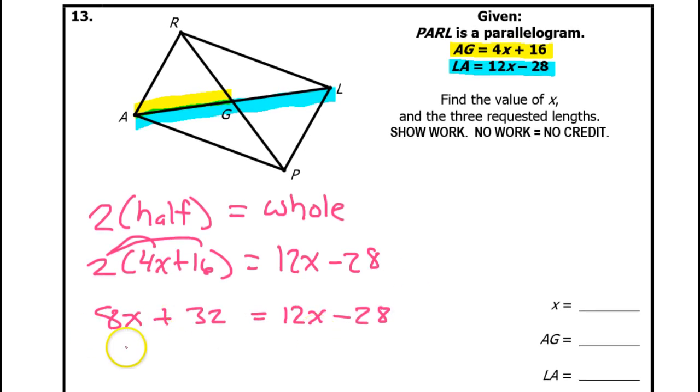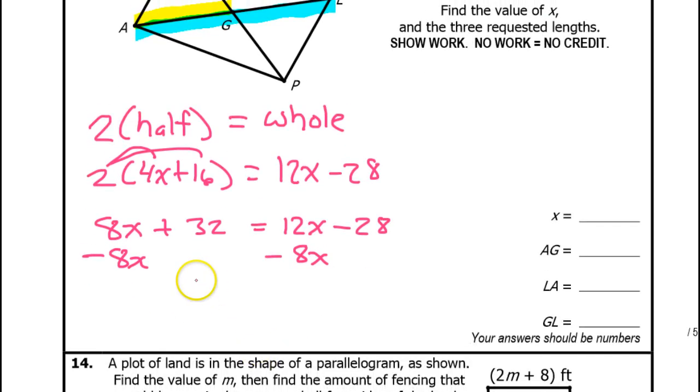We need to get these x's together. I like to keep the x's positive, so I'm going to subtract the small one. Alright, so that is going to give me 32 is equal to 4x minus 28. So then I'm going to add 28 to both sides. So that's 60.